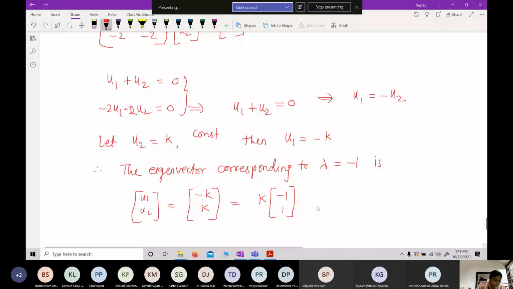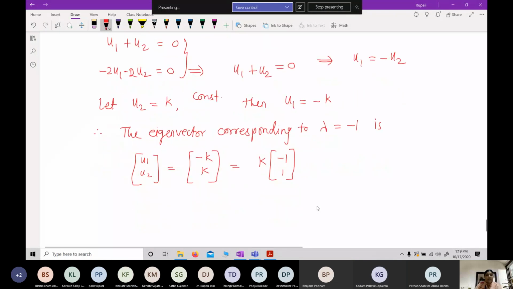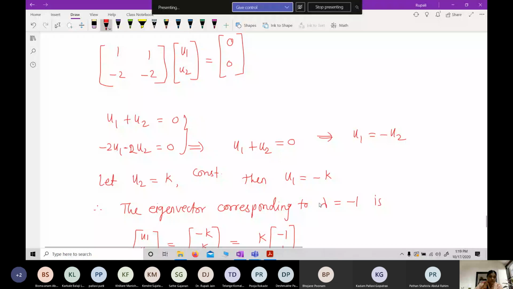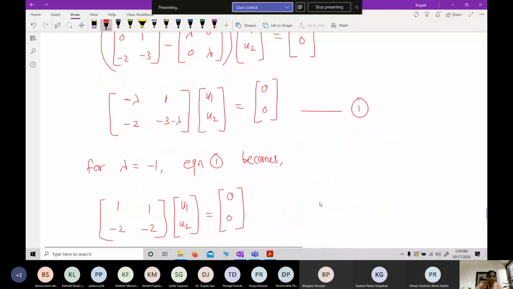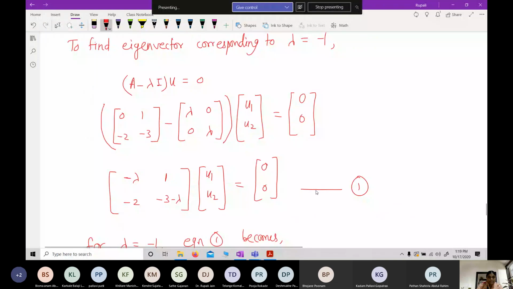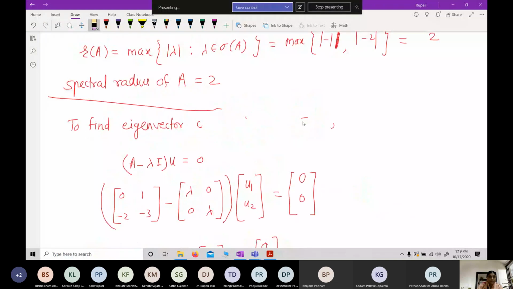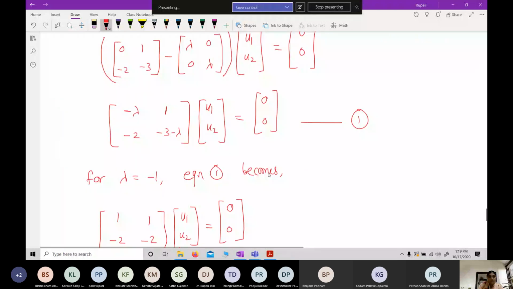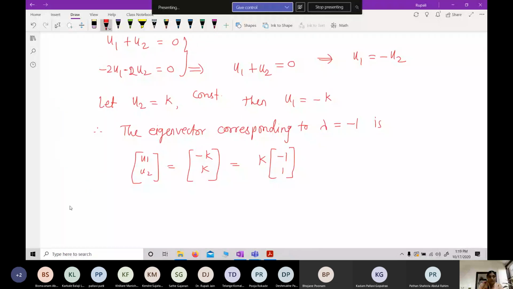And now can you find the eigenvector corresponding to lambda is equal to -2? Consider now lambda is equal to -2.